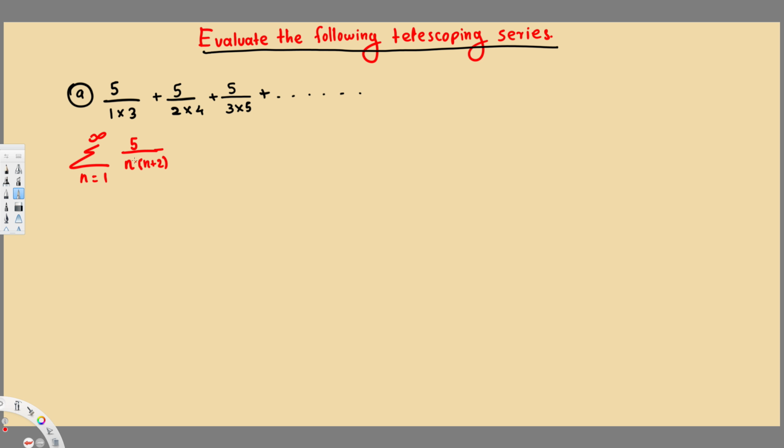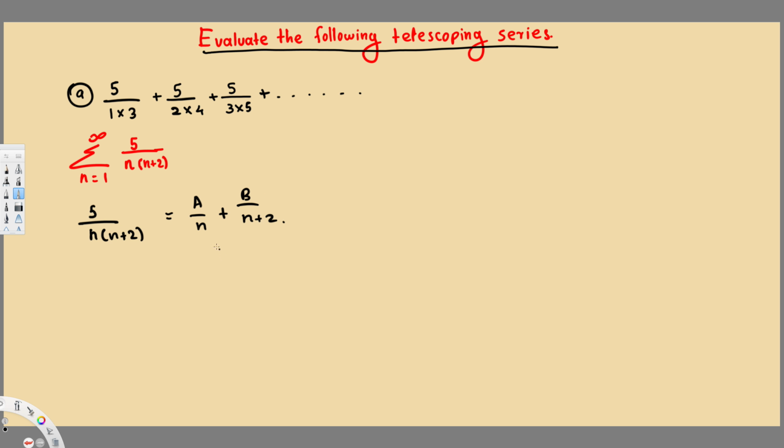So let's see what we can do with this one. The one thing we can do is the partial fraction decomposition to evaluate this. I take this part right along. This is going to be 5 over n times n plus 2, and if we do the partial fraction decomposition, this is going to be a over n plus b over n plus 2.